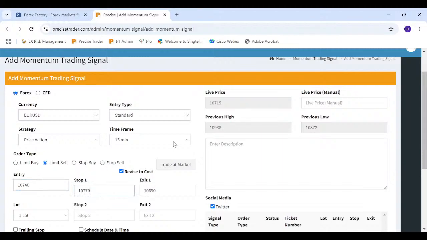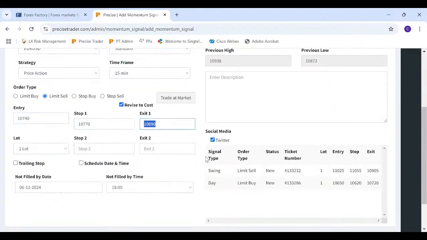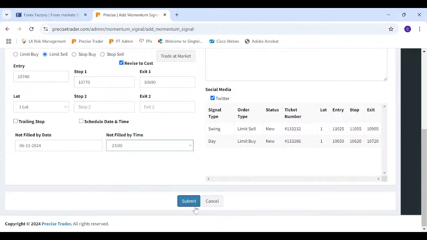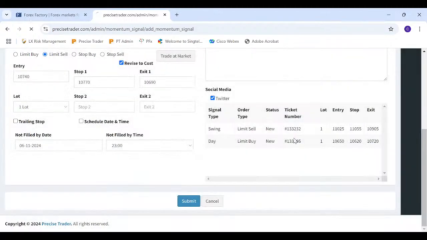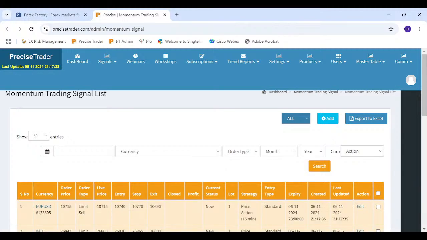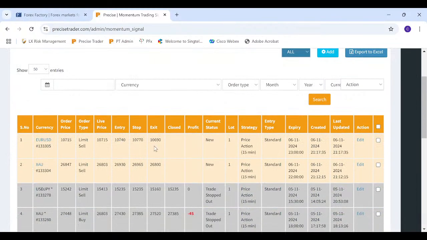Okay, 775 and 690. I think it's 50 pips, just nice. So this one, the expiry we give until 23. That means another 2 hours to work its way out. Also do take note that for this trade, the low is still not seen yet. So we will try to go into that trade.